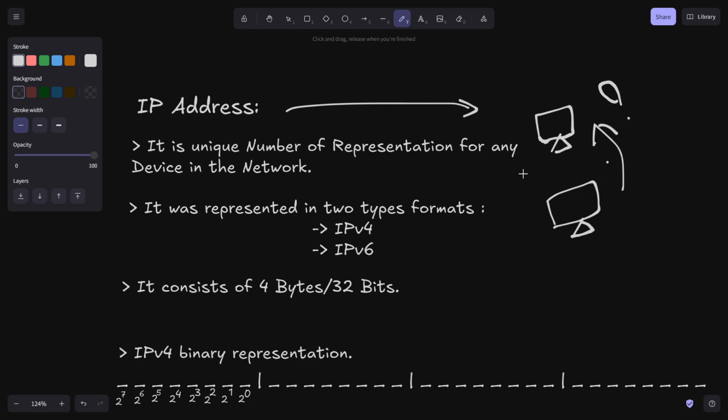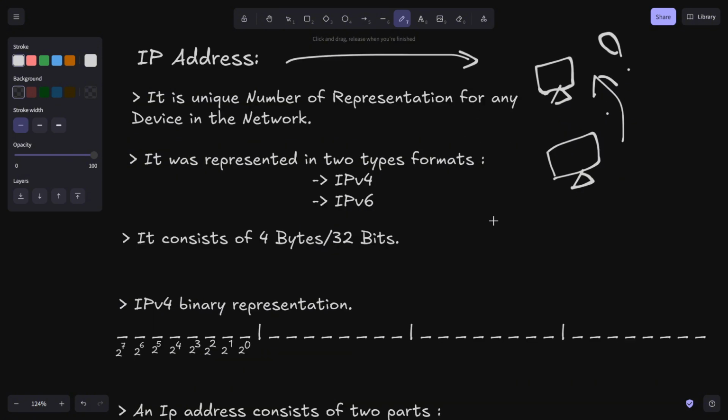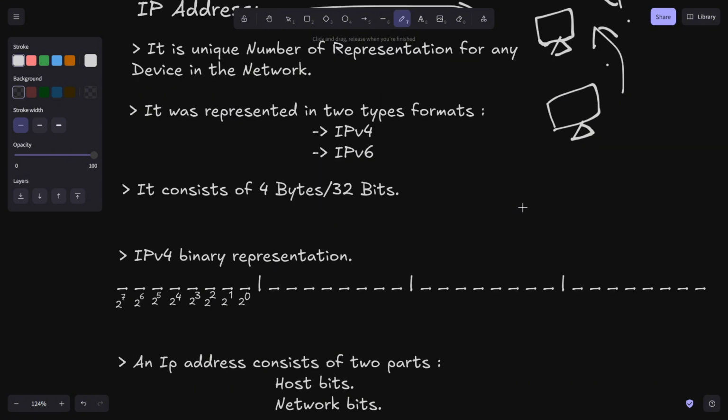The IP address is represented in two formats, IPv4 and IPv6. An IPv4 address consists of 4 bytes or 32 bits. So I am going to discuss only the IPv4 address in this video.